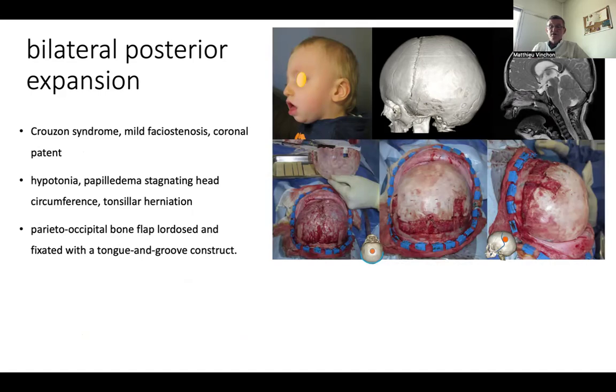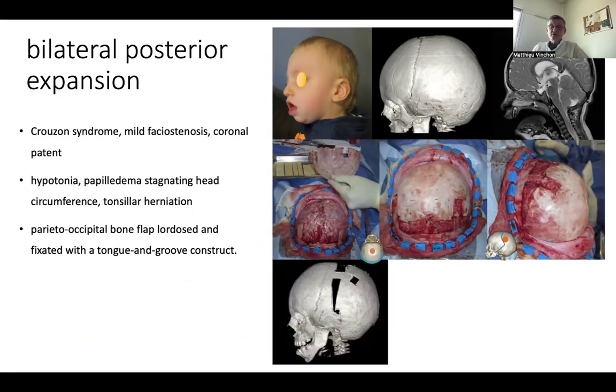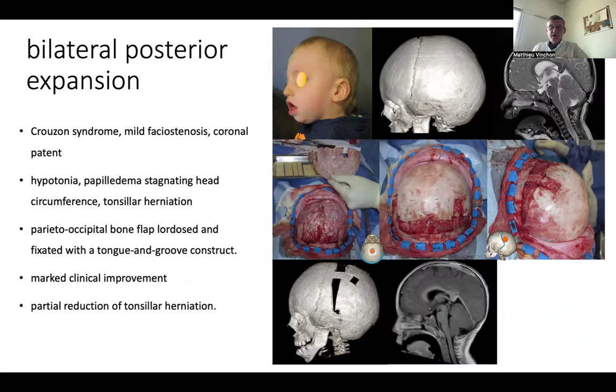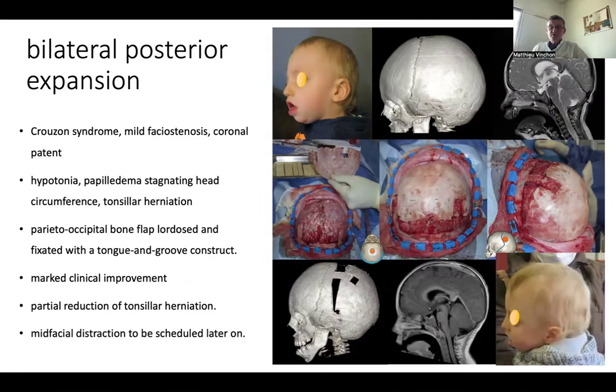And this is the kind of bone flap we did with a decompression of the transverse sinus. The flap was lordosed and refixed on a tongue and groove construct. And this is the post-op CT scan, which shows a significant expansion of the calvaria. The child was markedly improved, but the result on the tonsillar herniation was modest, as shown on the MRI.